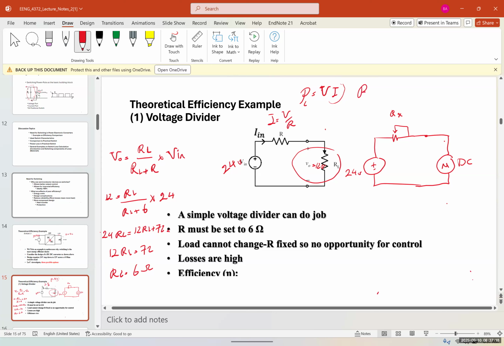So P in the load, the power of the load, is going to be equal to V times V over R, which is V squared over R. You already know this. This is just a reminder. So if I want to find the power in the load, power in RL, it's going to be 12 squared over its R, which is 6. What is my output power going to be?